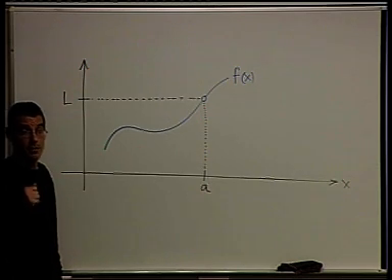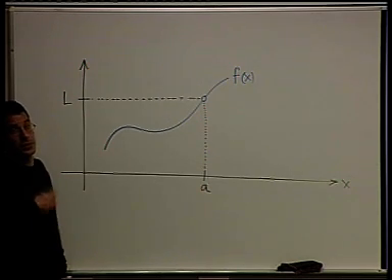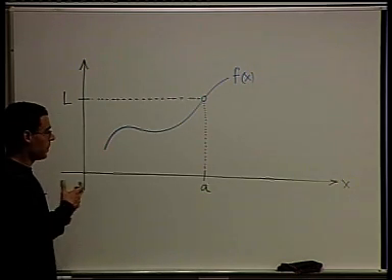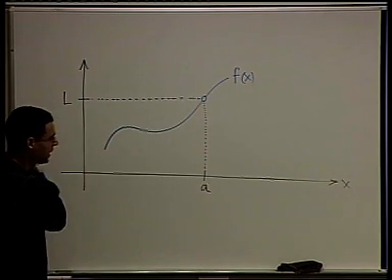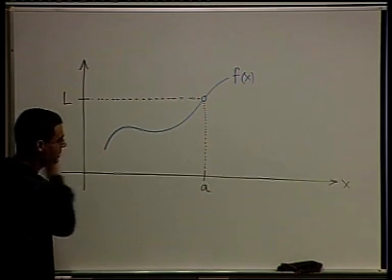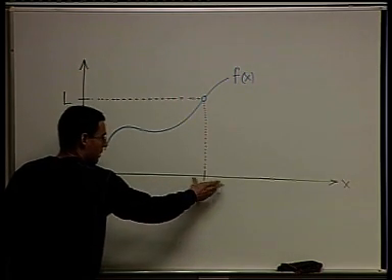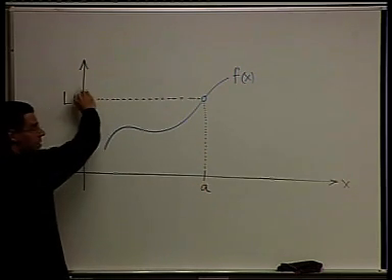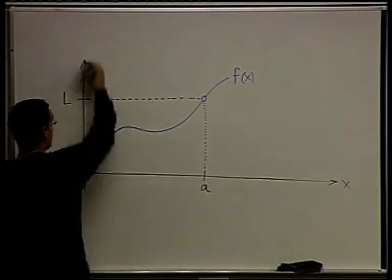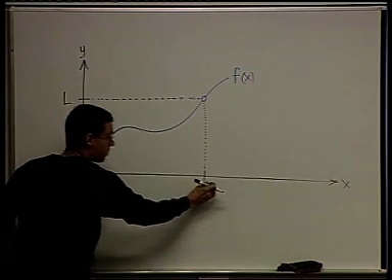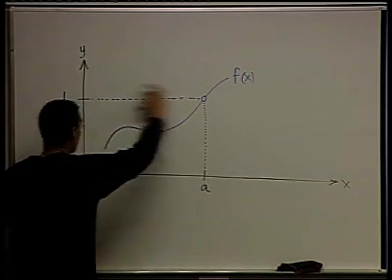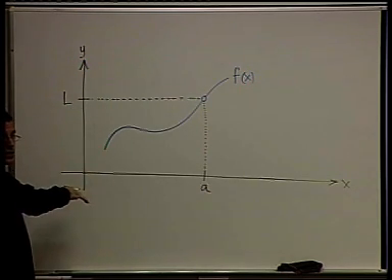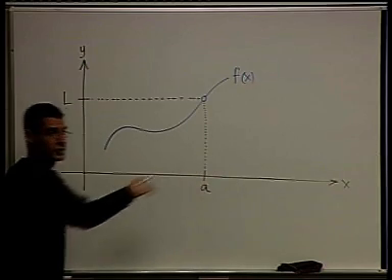You need something more sophisticated and surprising the first time you see it. So what we try to do is say something is happening on the x-axis implies something is happening on the y-axis. When x is in a neighborhood of A, f of x is in a neighborhood of L. So it's x phenomenon implies y phenomenon.